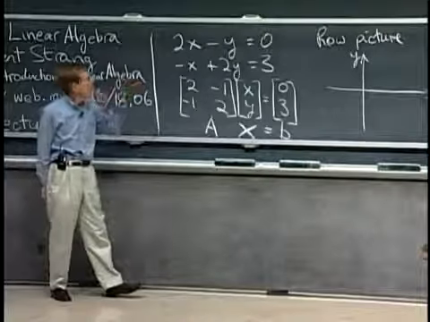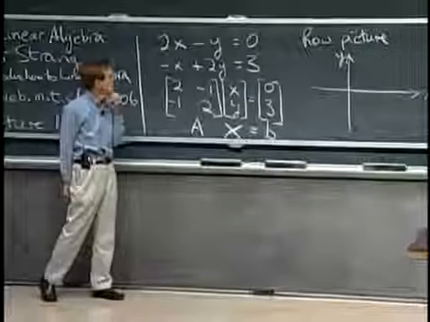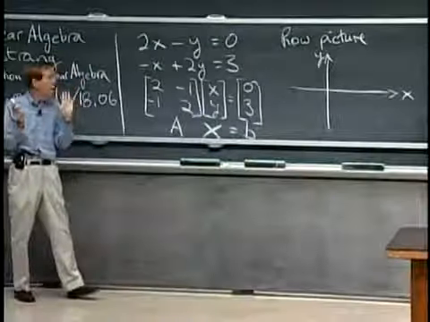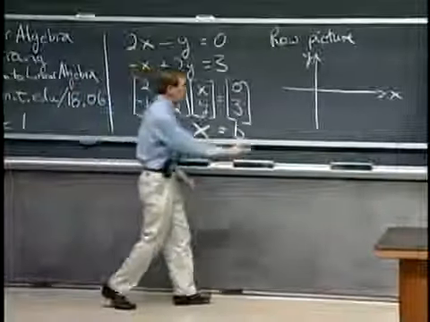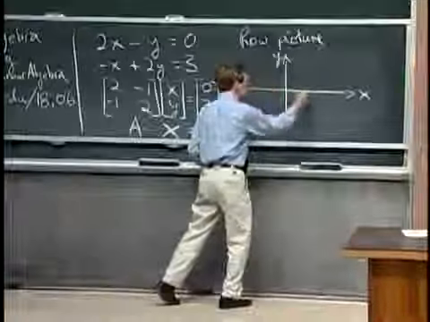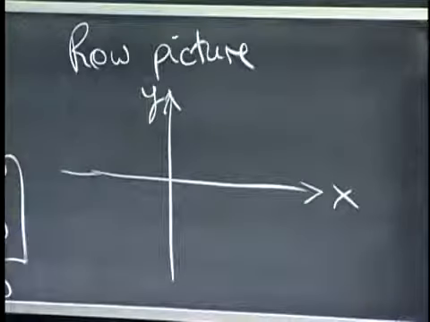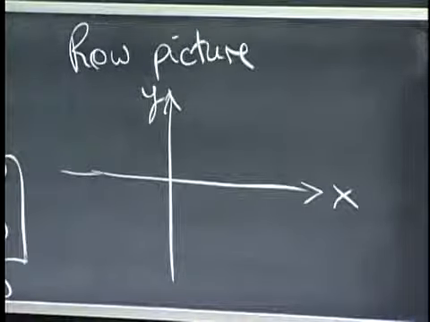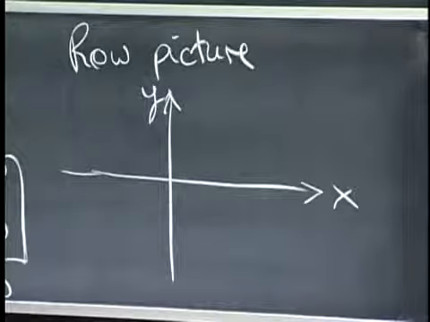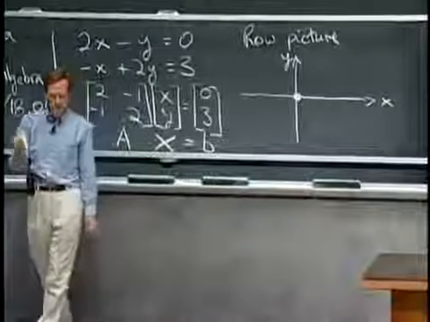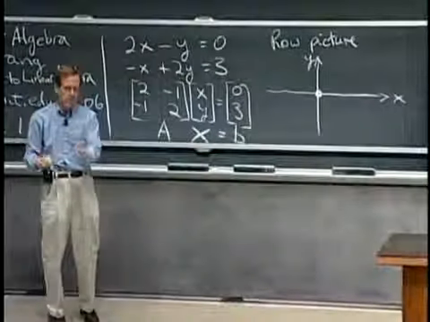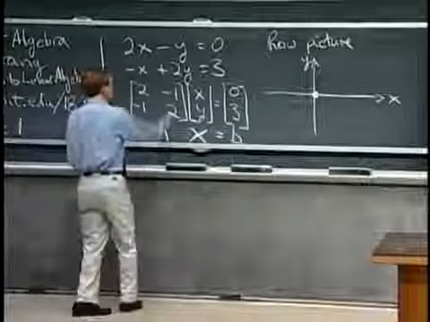So I'm looking at all the points that satisfy 2x minus y equals 0. It's often good to start with which point on the horizontal line. On this horizontal line, y is 0. The x-axis has y is 0, and that, in this case, actually, then x is 0. So the point, the origin, the point with coordinates 0, 0, is on the line.